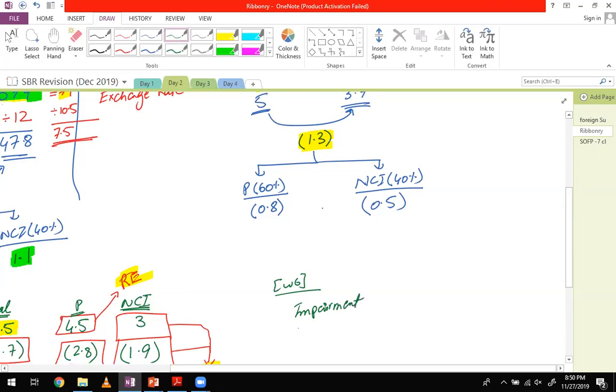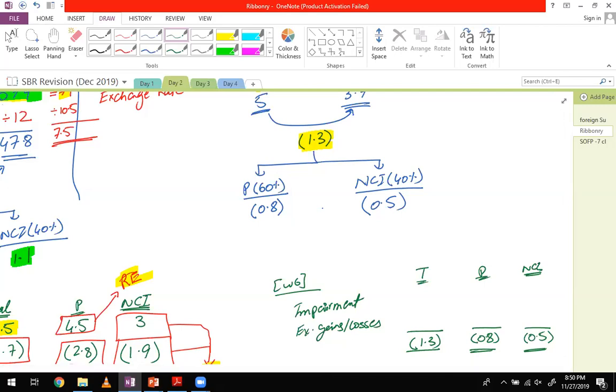So we are writing impairment and the exchange gains and the losses. So again, the total is a negative 1.3. Then we will calculate the share of the parent and the NCI. So parent share is 0.8, NCI's share is 0.5. So only if we get any one value of the impairment or the exchange losses, we can simply calculate the other automatically.